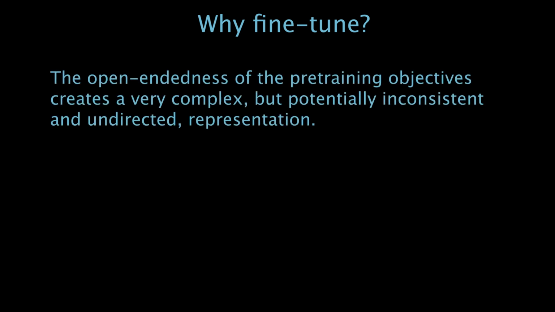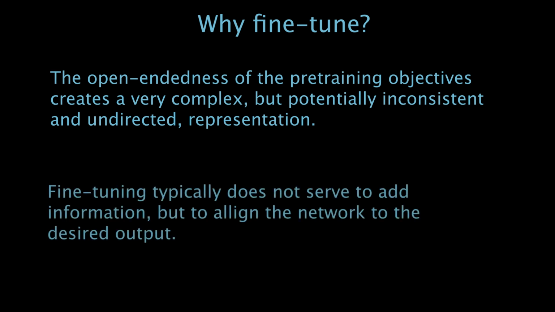Now, while unfine-tuned models are capable of domain-specific behavior, it has been discovered that guided fine-tuning can improve their performance drastically. Due to the unstructured nature of the pre-training objective, unfine-tuned models show inconsistent and erratic behaviors. The fine-tuning process of recent LLMs does not serve to add information to the network, but rather to guide the model to develop inclinations to behave in a more consistent and desired manner.